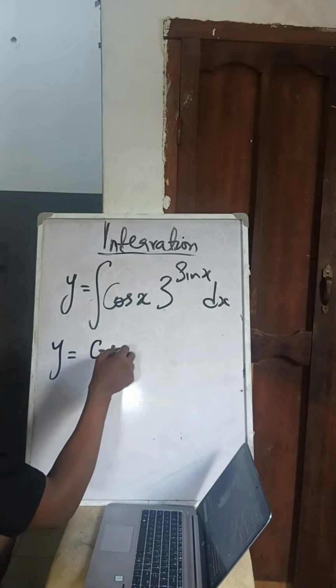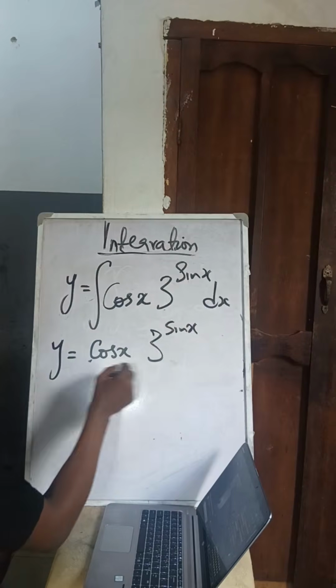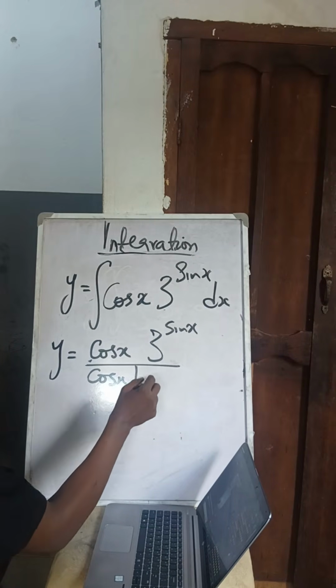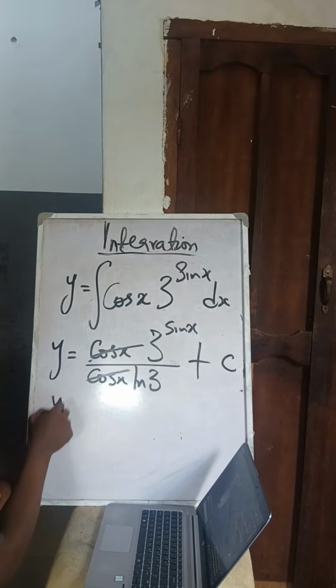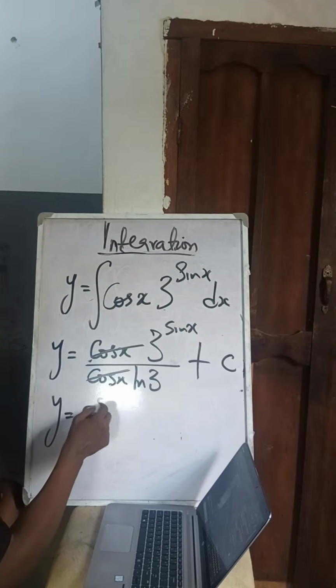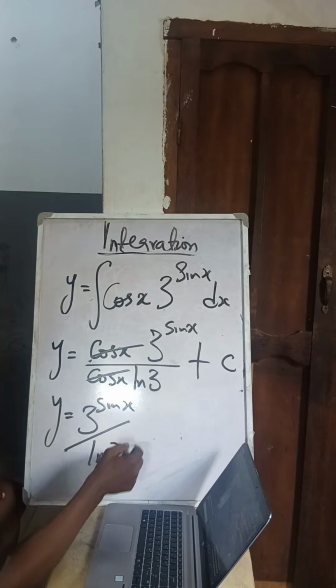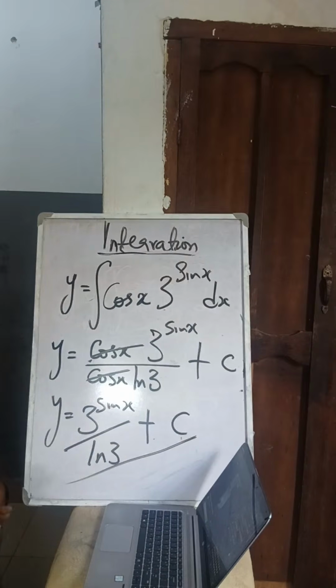So cos x 3^(sin x) over cos x ln 3 plus c. This will cancel out this. y is equal to 3^(sin x) over ln 3 plus c. All right, so that is the answer.